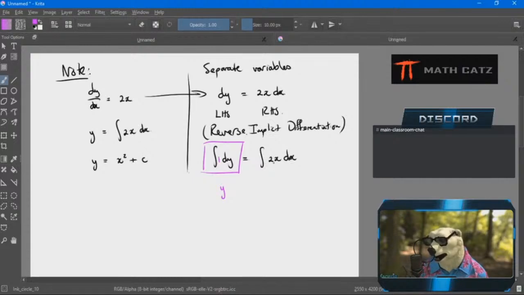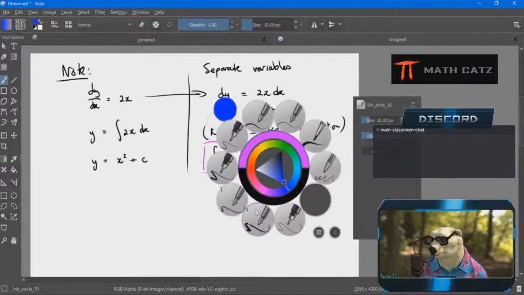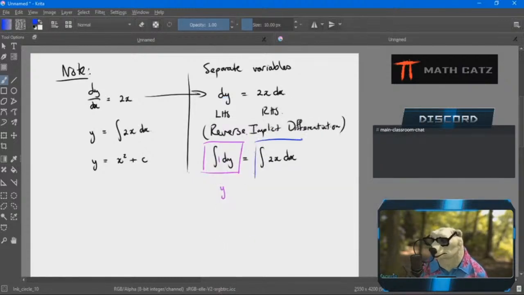And on the other side, I have a blue box. So when I do the right-hand side, there is nothing other than the blue box. Now that is a more familiar one because the variable is an x that I usually use, but it doesn't matter what the variable name is.